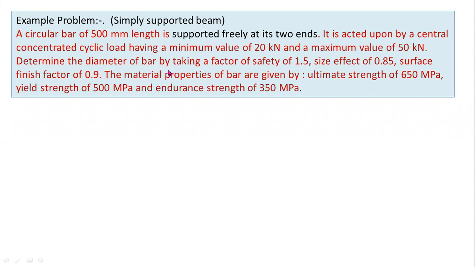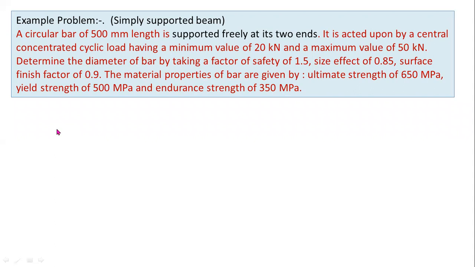Determine the diameter of the bar by taking a factor of safety of 1.5, size factor of 0.85 and surface finish factor of 0.9, and the material properties of the bar are given by ultimate strength of 650 megapascal, yield strength of 500 megapascal and endurance strength of 350 megapascal. Okay, this is the question.